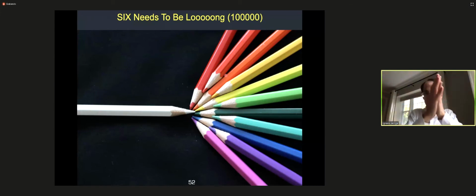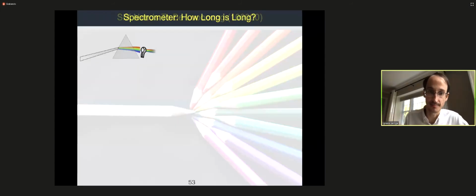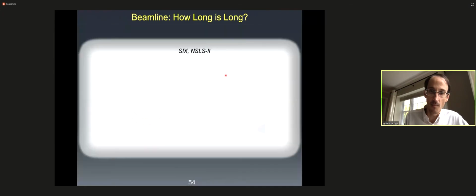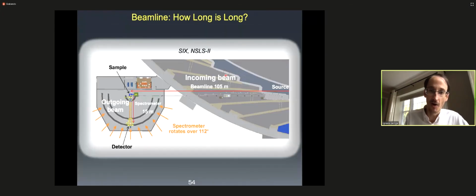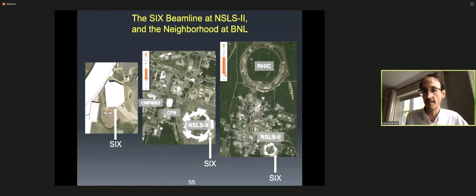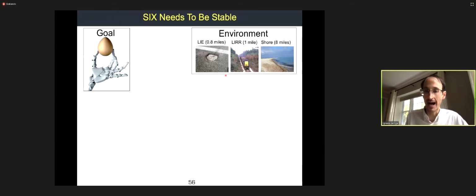So it would result in a broader elastic peak. Our optics, when flat, is usually atomically flat. Okay, so that is how, conceptually, we were able to reach a very, very high resolving power at SIX.